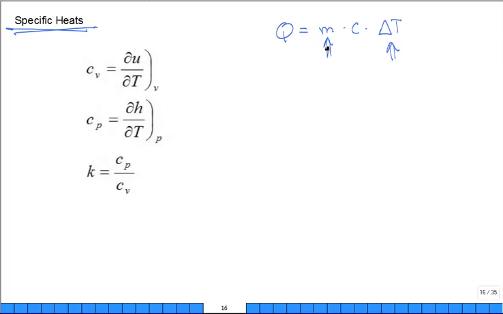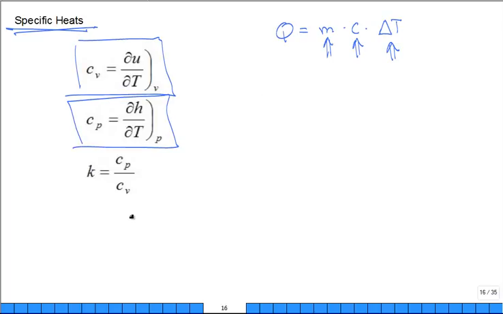It's proportional to mass. And there's a constant. Iron specific heat, water specific heat, lead specific heat, copper, different substances, solids and liquids typically. But in thermo, here's a definition of a specific heat. And here's another definition of a specific heat. So now you get the two specific heats.